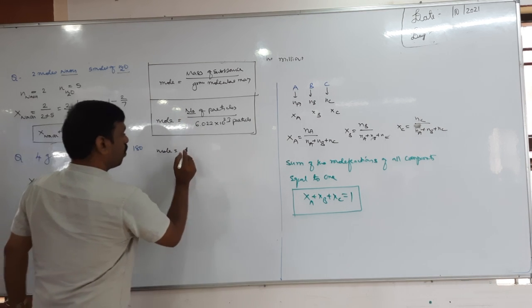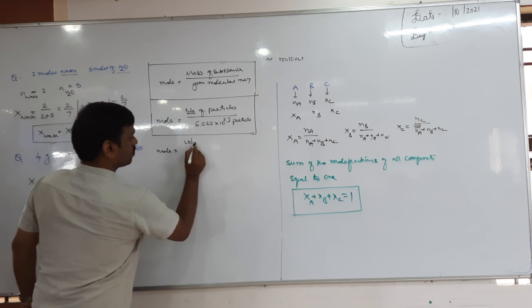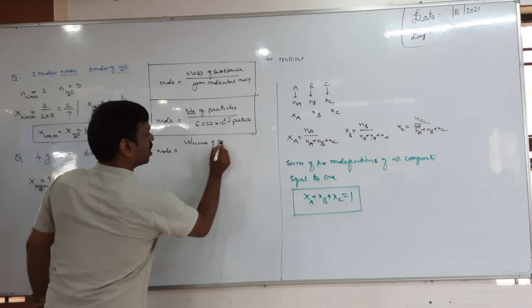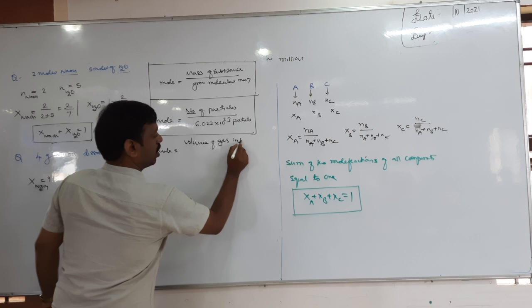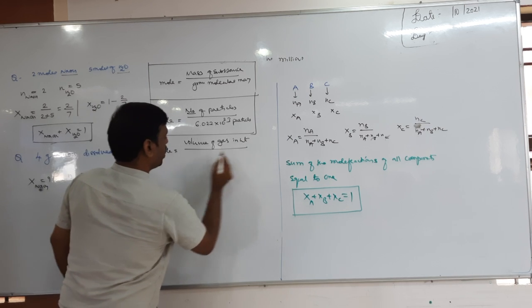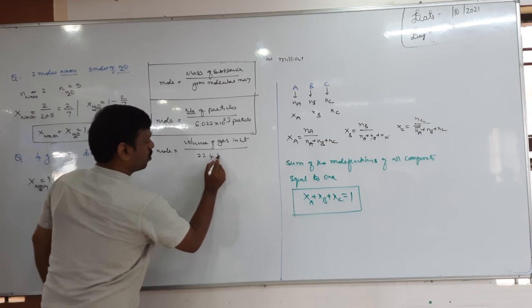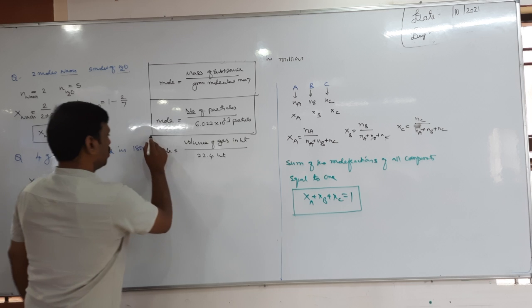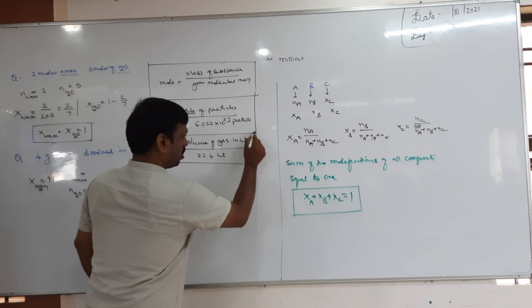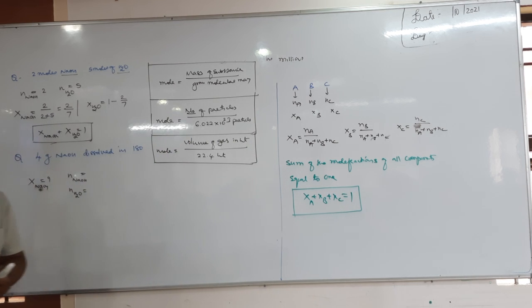So mole also equals volume of gas in liter divided by 22.4 liter. These are the three different formulas used to calculate mole. We will study this in some basic concepts, first year, first topic.